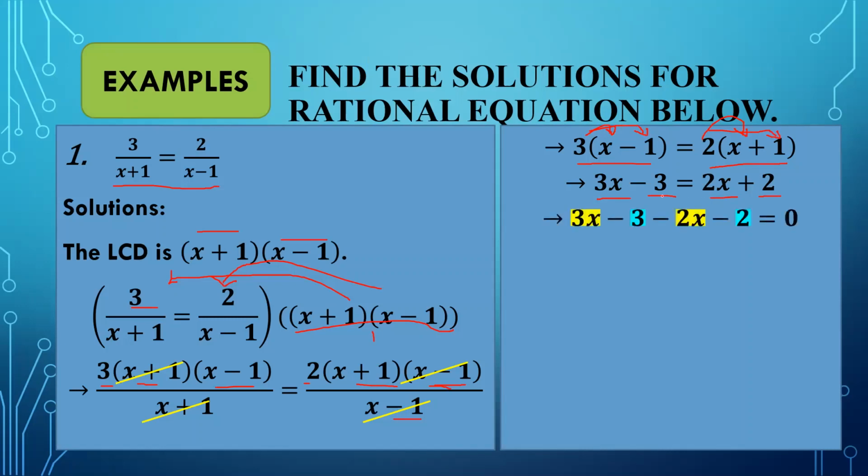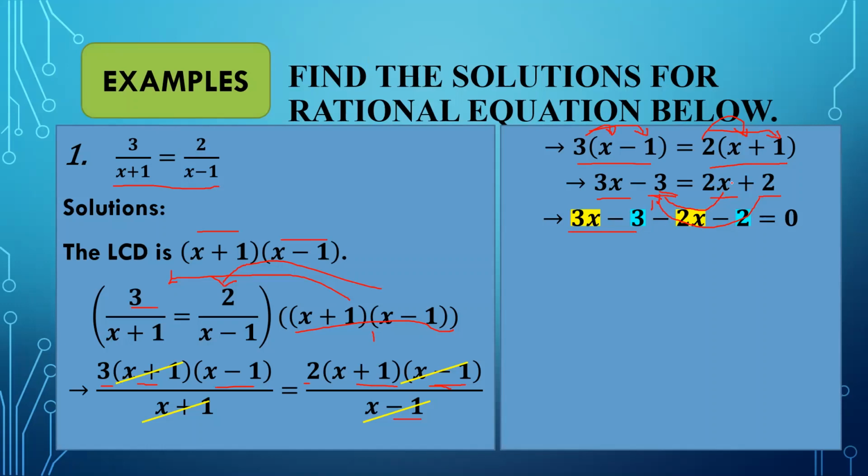So next, we will add or subtract similar terms. So 3x minus 3 is equal to 2x plus 2. So using the additive inverse of 2x, or what we call the transposition, we will have 3x minus 3 minus 2x.